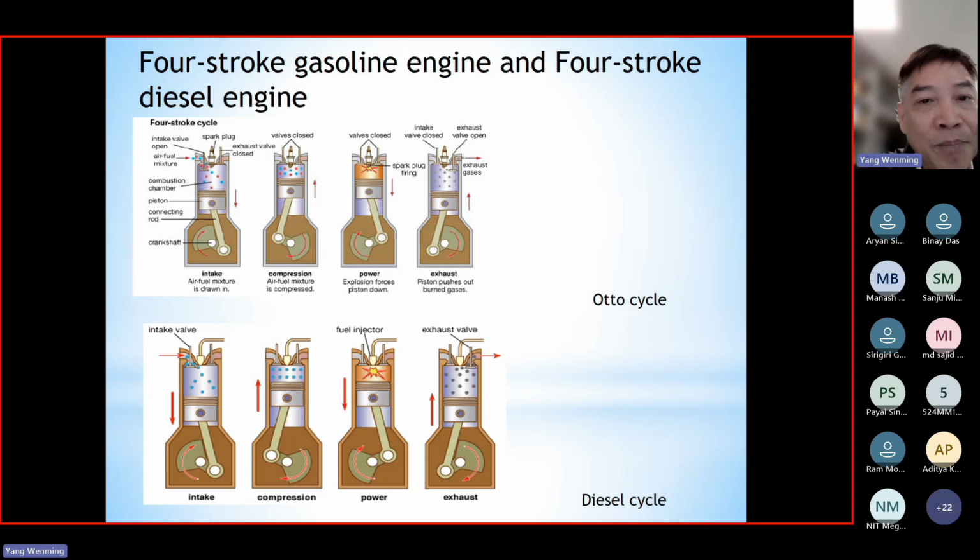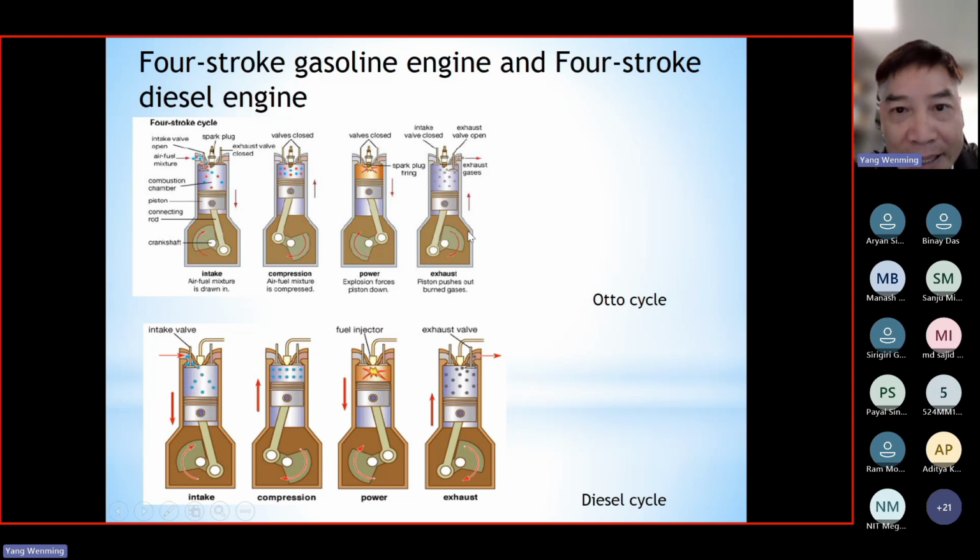There's no difference. Then in the power stroke, we can see the combustion process is initiated by the spark. However, for the diesel engines, the combustion process is ignited by compression. It is auto-ignited by the high compression ratio.